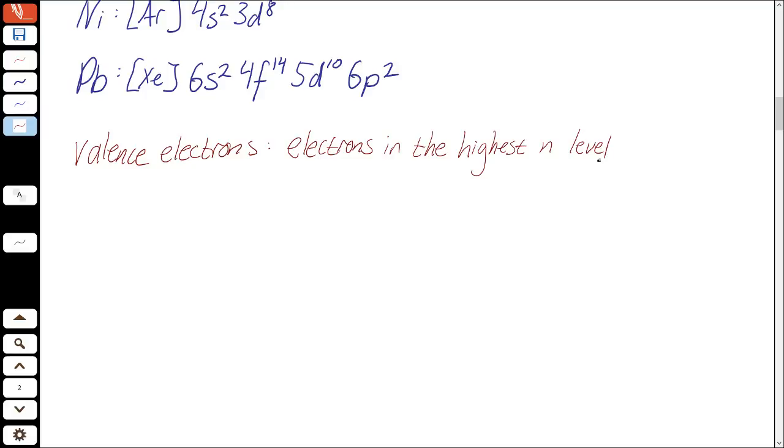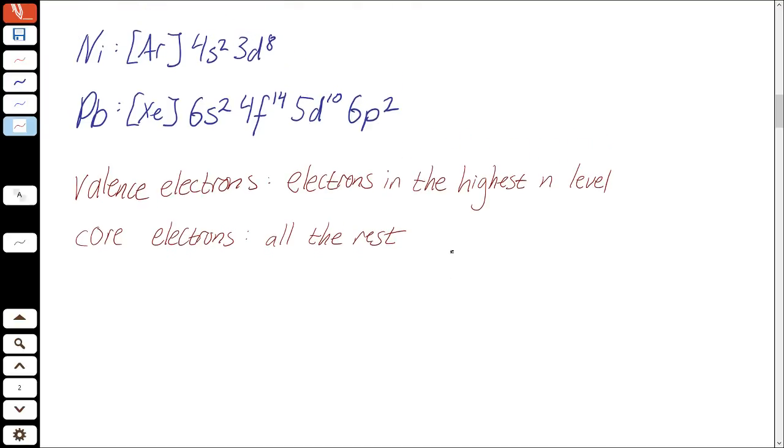And the core electrons are all the rest. So for lead, we would say that lead has 4 valence electrons because there are 4 electrons in the highest n level, level 6.